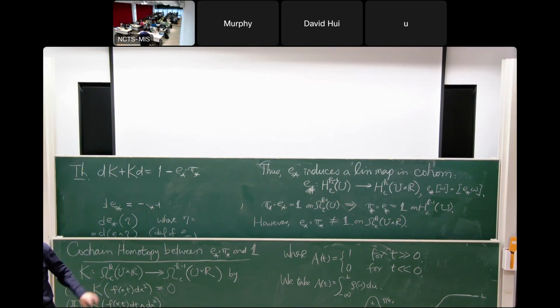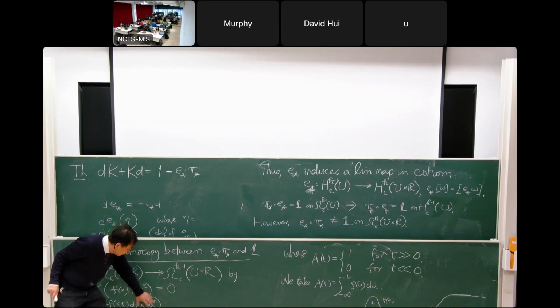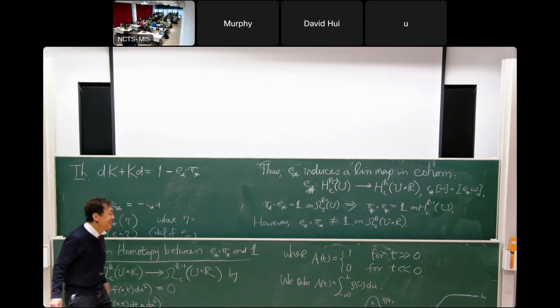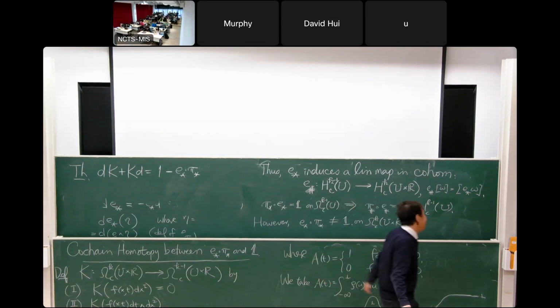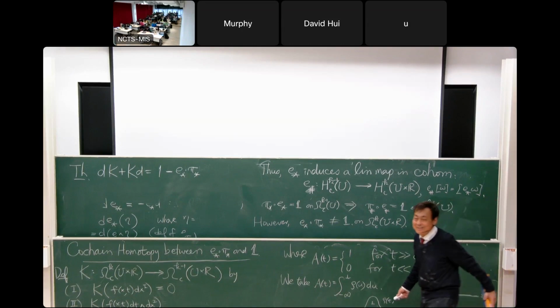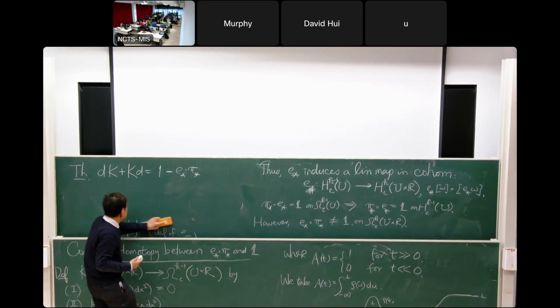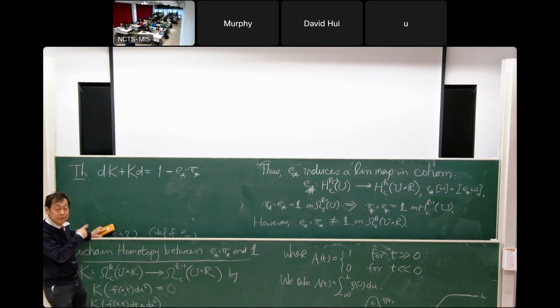The one in the book has a sign. And for 42 years, it bothered me that there was that sign there. But yesterday, I realized that if I define k differently, by moving dt to the front instead of in the back, then there's no sign. I have to produce a new version of this section. I mean, the formula in the book is correct, but its definition of k is a little bit different, and you end up with a sign.